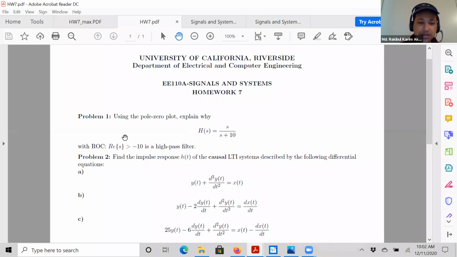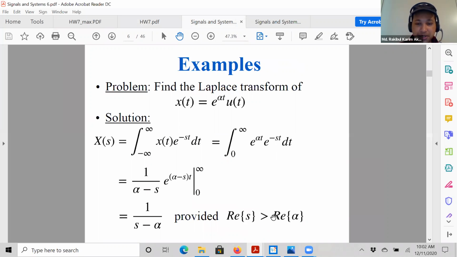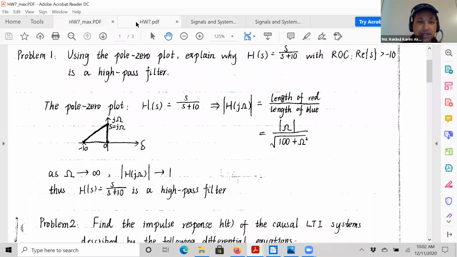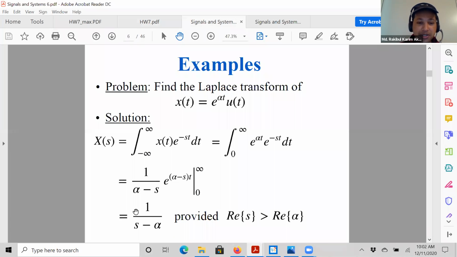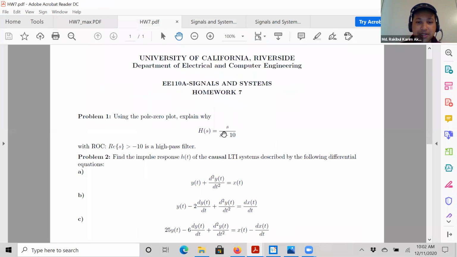I mean, this is not very important. This is just saying that, okay, it is a causal system. Just like this kind of function, real part of s is greater than real part of alpha. If you compare with this equation, s minus alpha, this alpha here is minus 10.